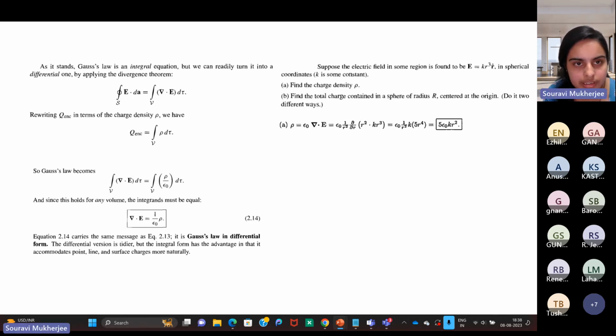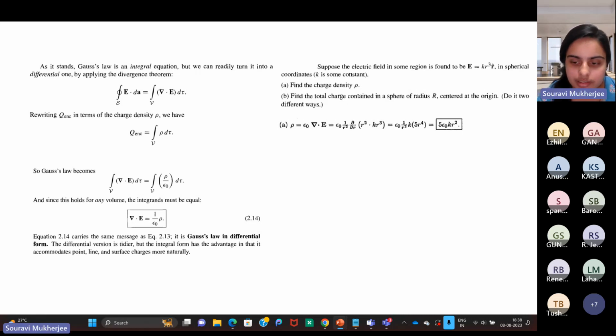The Gauss's law in the integral form has a relation between electric field and the charge enclosed, right? It's E dot dS. We have not gone to the description of the electric displacement yet, right? Here we are just talking about the total electric field.